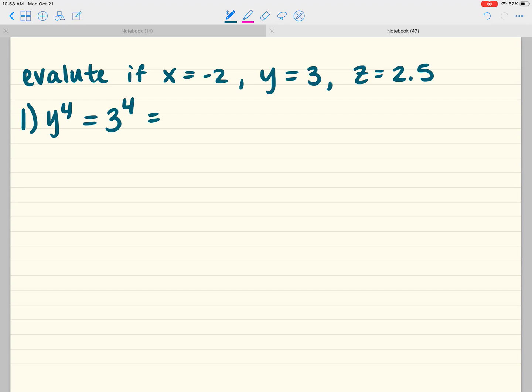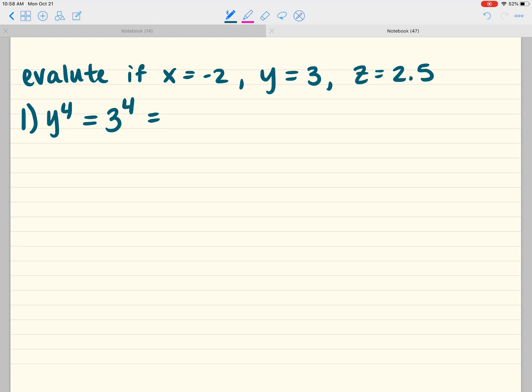Now, you need to know how to do this in your calculator. Everybody take your calculator out. You always type your base number first. What's the base number here? 3. So you type that into your calculator.